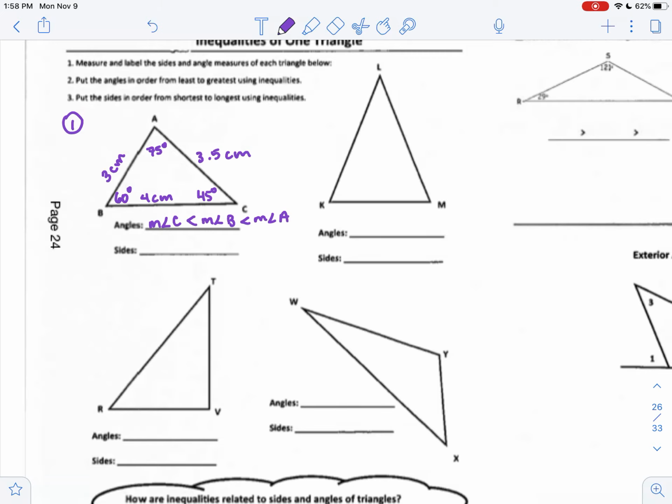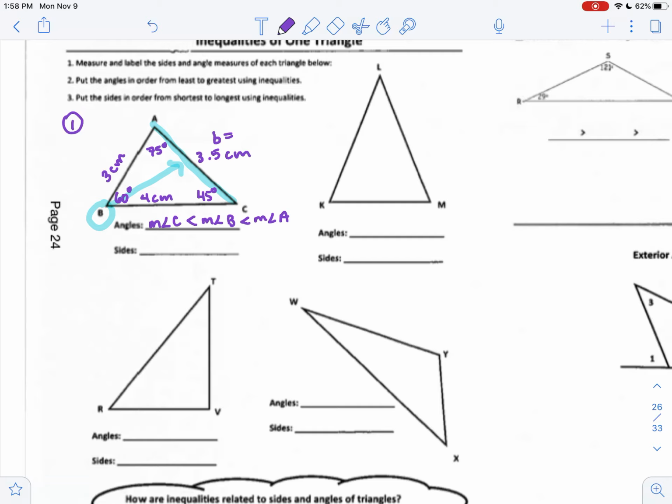Now, if we talk about the side lengths, we also label side lengths. A quick way of referring to segment AC, or side AC, is that it happens to be across from angle B. Angle B is a capital B, and the side length across from angle B we also call little b.